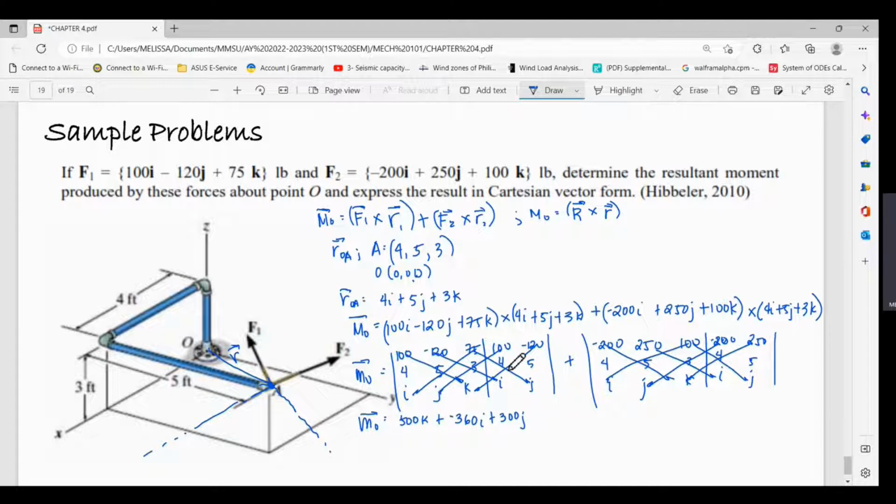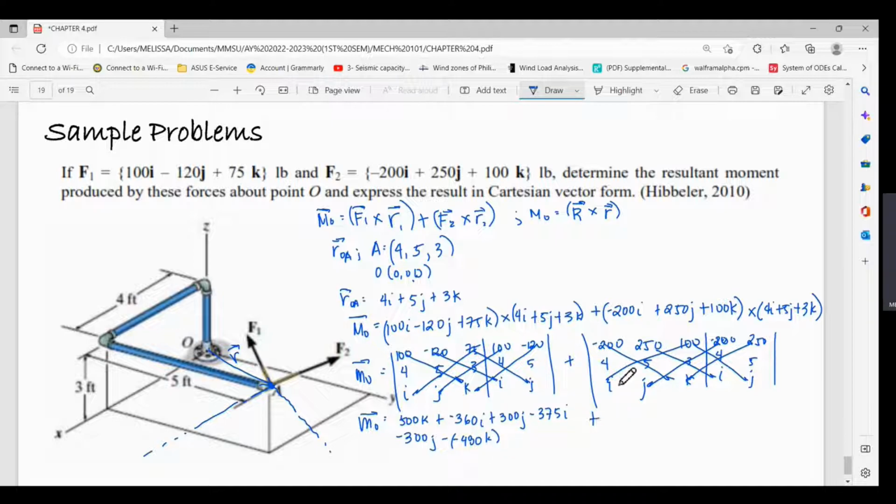Tapos dito minus 375 minus 375I. Tapos minus 300J. Tapos dito negative 480 minus negative 480K.